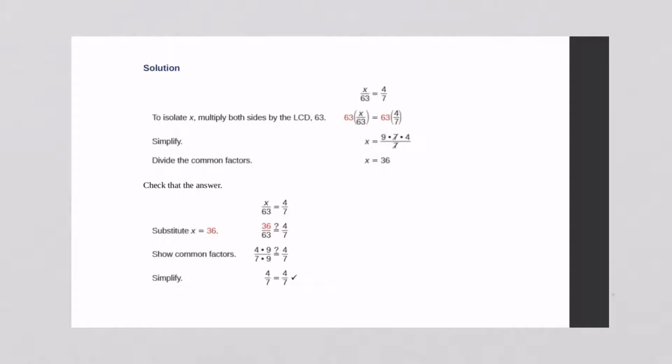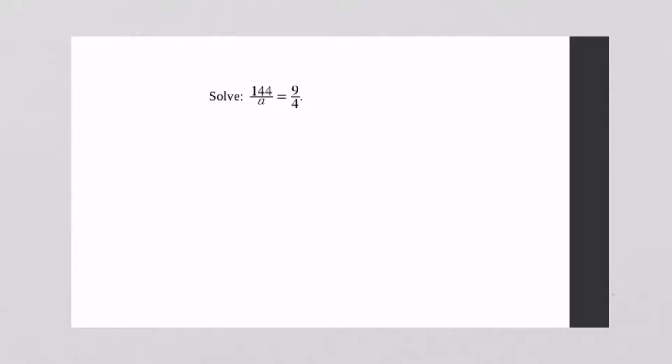Okay, this problem is done a lot like the last problem. So again, we're going to cross multiply 144 times 4 and A times 9. And it doesn't matter which one you put on the left or which one you put on the right. It really doesn't matter which order you go in. As long as you are cross multiplying, it does not matter which one comes first.